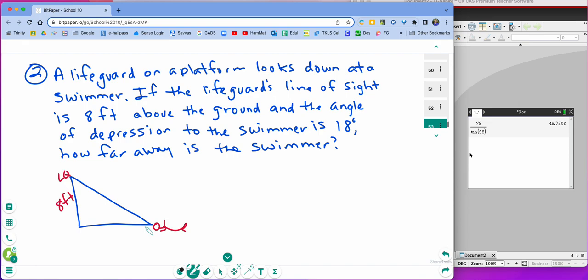And the angle of depression to the swimmer is 18 degrees. So we're going to draw in our horizontal line, and then this is going to be an 18-degree angle. Again, line of sight is right here.